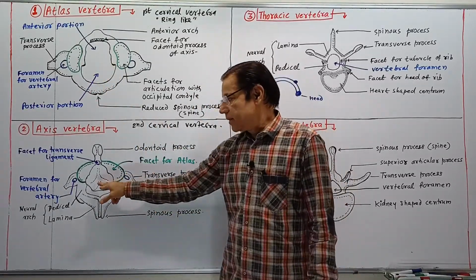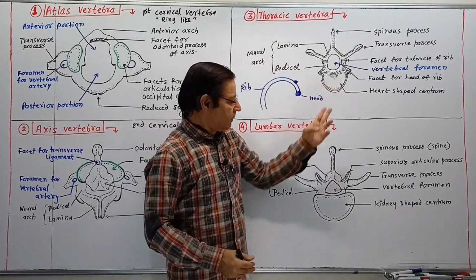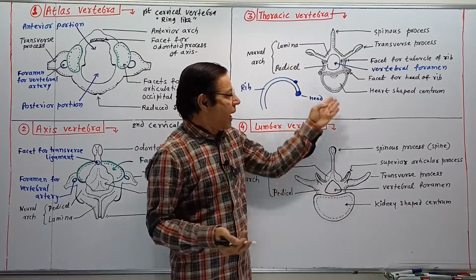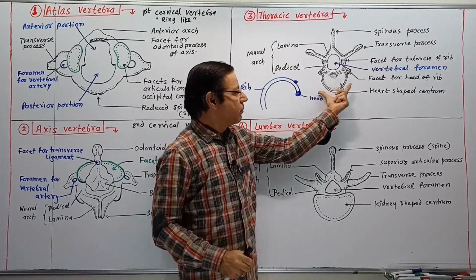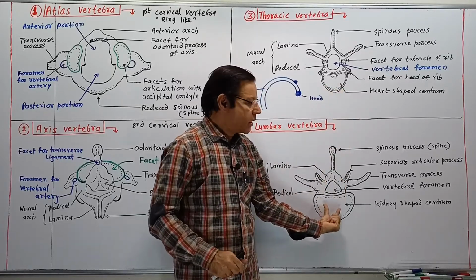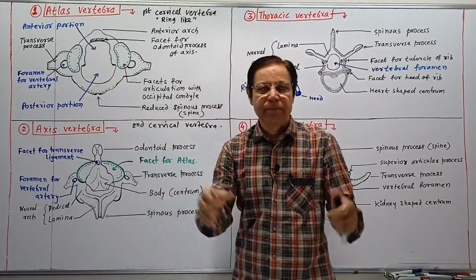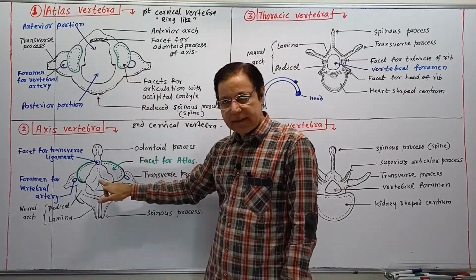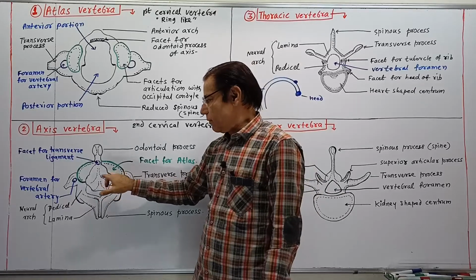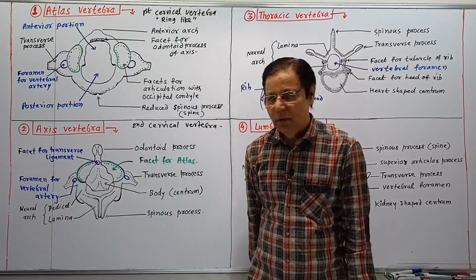Here there is a modification of the centrum, and in other vertebrae we can see a greater, prominent appearance of the centrum, the body of the vertebra, but here there is no remarkable size of the centrum; instead the centrum or body forms a tooth-like odontoid process.